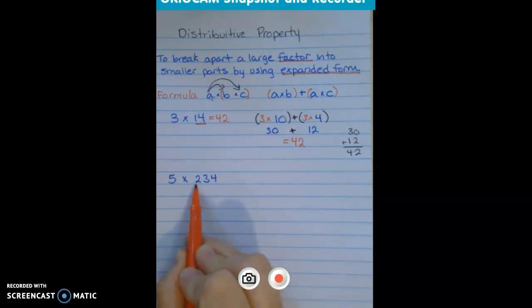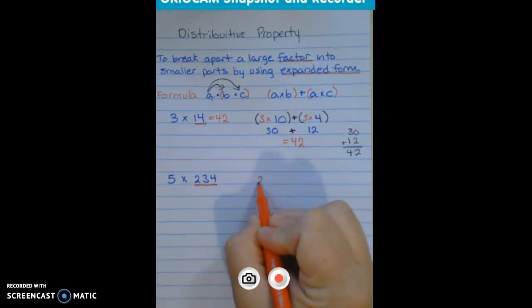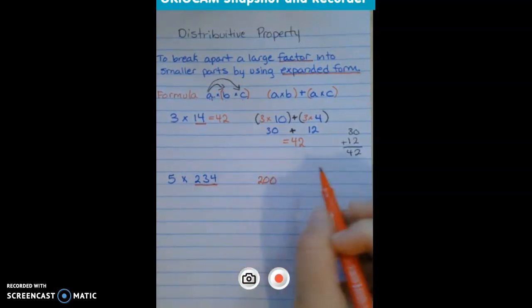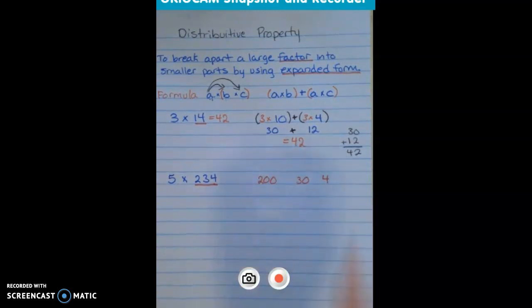So I notice right away that this number, 234, is a multi-digit number. So I want to think about what does that look like in expanded form. Expanded form, I have 2 hundreds, 3 tens, 4 ones. There's my expanded form.